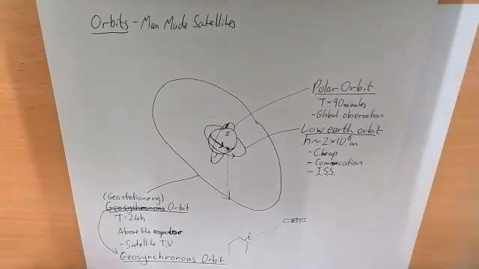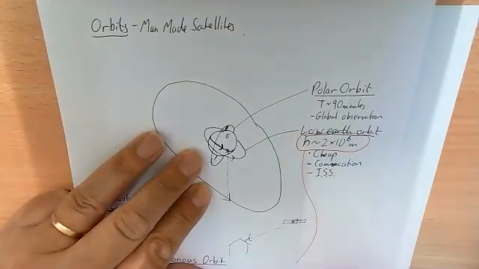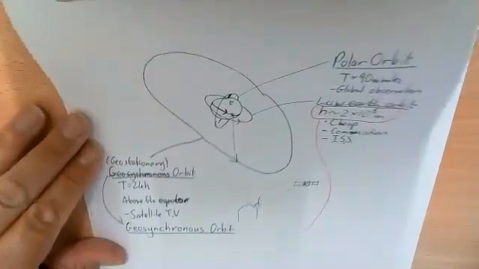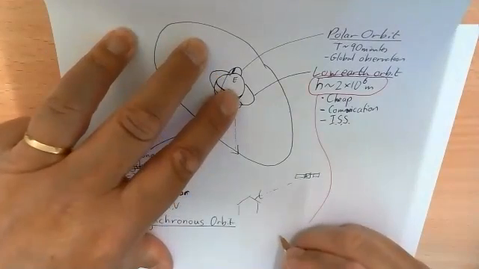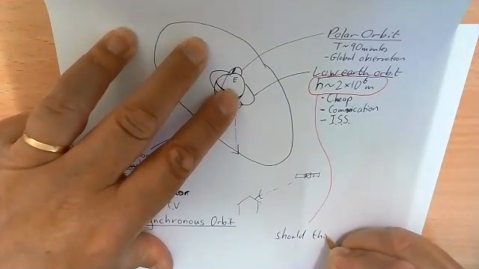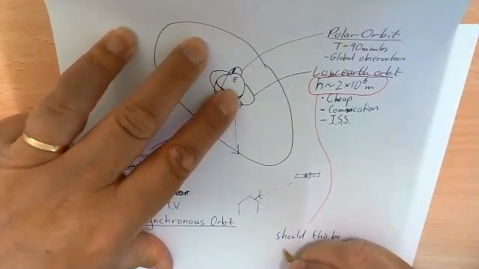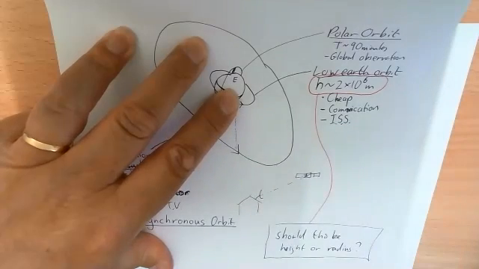Now, I have said something here. I've said its height of orbit is 2 times 10 to the power 6. And task 2, very simple, is to work out, should this be the height or the radius? Now that's an extension task because you'll need to go off and do a little bit of research for that.